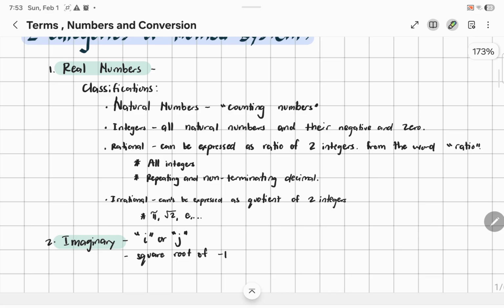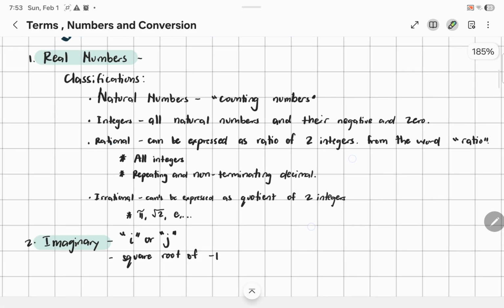Next are the rational numbers. These can be expressed as a ratio of two integers. The word rational came from the word ratio. This includes all the integers and repeating and non-terminating decimals.